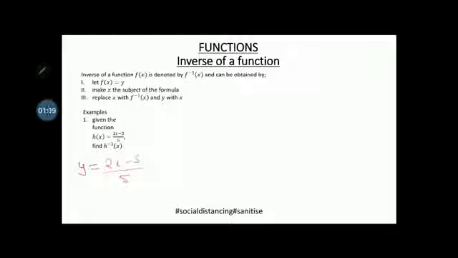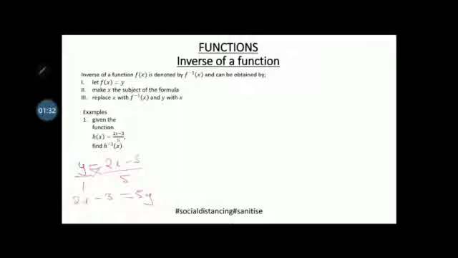We have let h of x be y. Stage 2 says we make x the subject of the formula. So over 1 we cross multiply, so that 2x minus 3 times 1 will still give us 2x minus 3, is equal to y times 5, which is 5y.